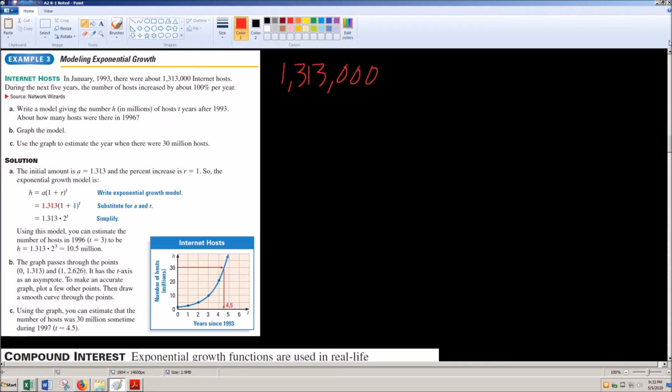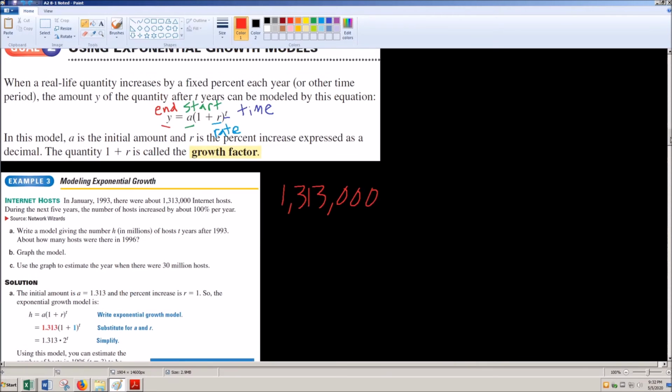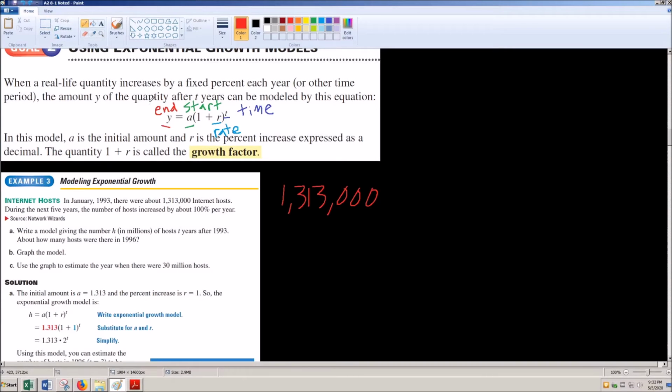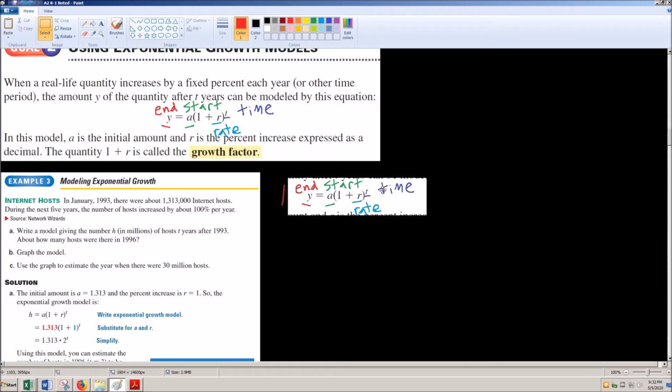Let's grab this colorful thing and we'll stick with all the same colors. Good to be consistent with it.